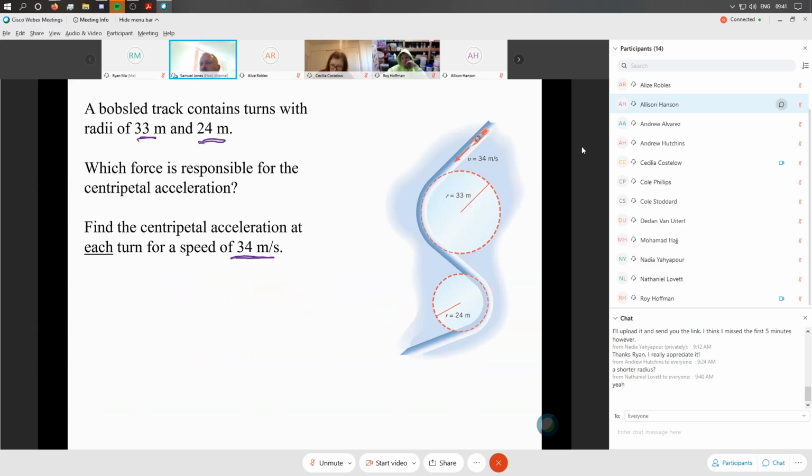And before we calculate this, what is the actual physical force that's giving them their centripetal motion? What is the force that keeps them in a circle? What is the force that keeps them from sliding out in a straight line?